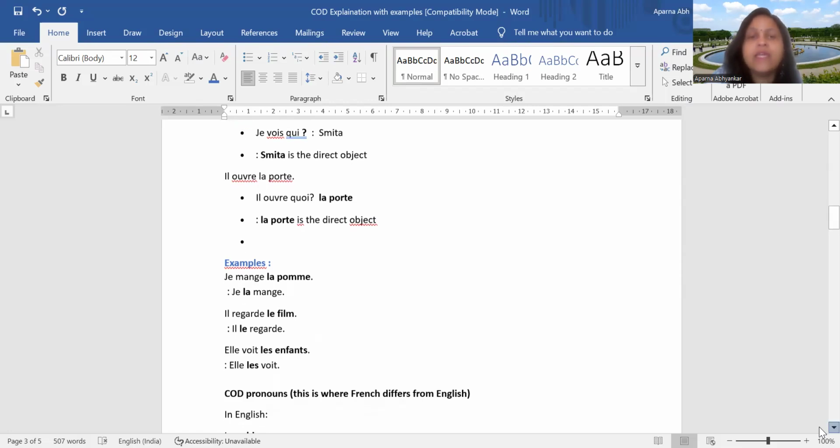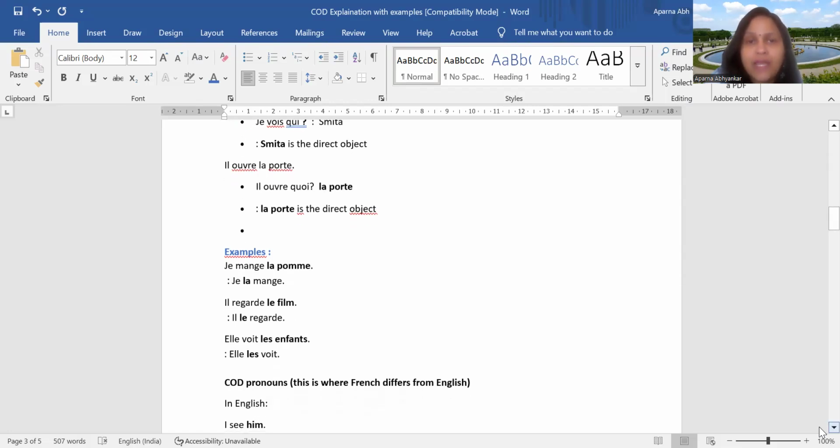Now let us see how this direct object gets replaced with the CODs. Now see the examples. Je mange la pomme. So je mange quoi? Manger is the verb, which is conjugated as mange. I get the answer as la pomme.